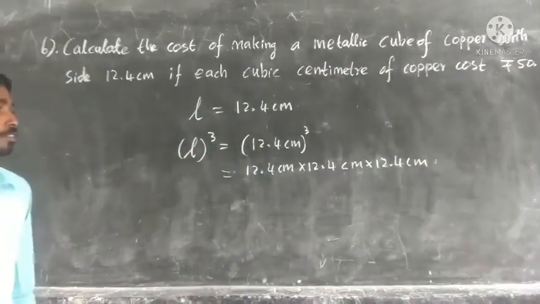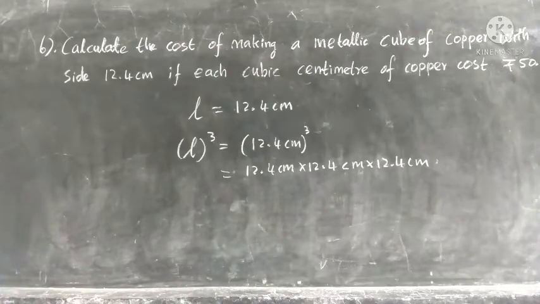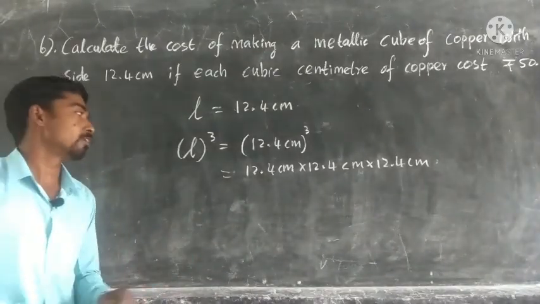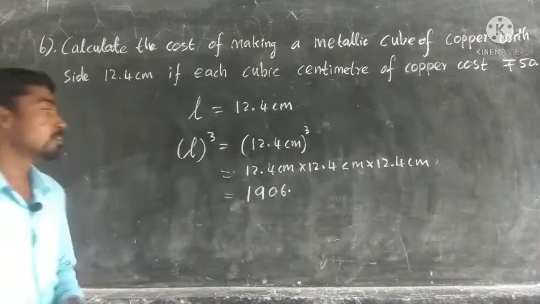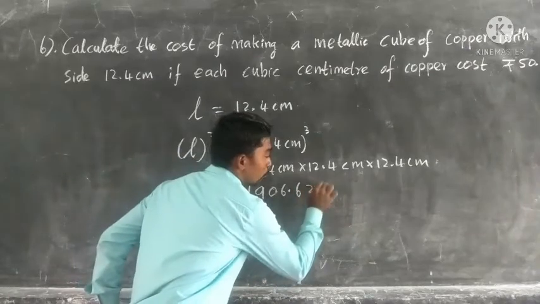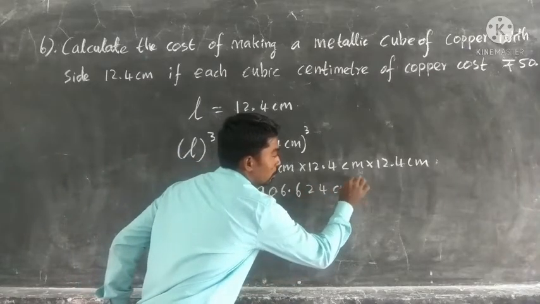Multiply 12.4 centimeter into 12.4 centimeter into 12.4 centimeter is equal to 1906.624 cube centimeter.